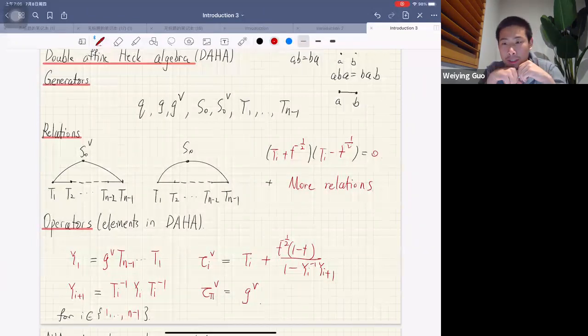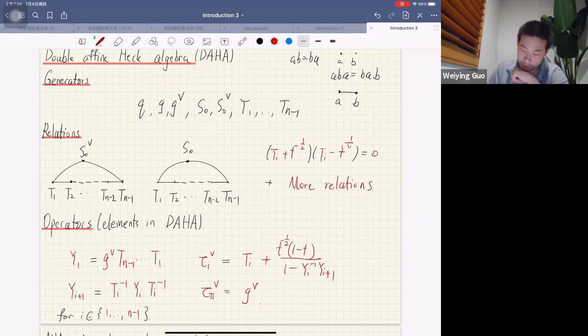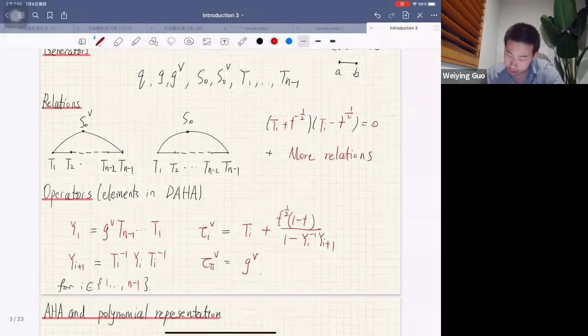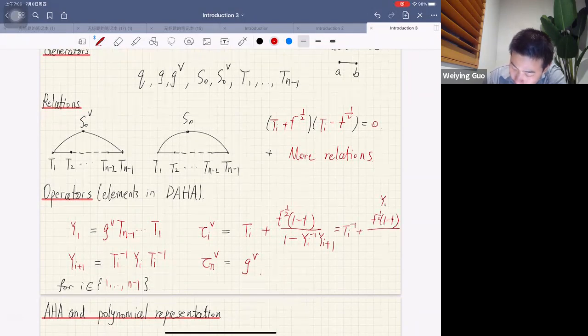Any questions about those relations and operators? If not, we should continue. By the way, we can also interpret Ti inverse to be T to the minus half, 1 minus T times Yi inverse Yi plus 1 over 1 minus Yi inverse Yi plus 1.